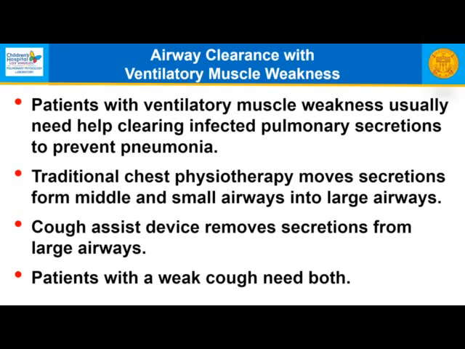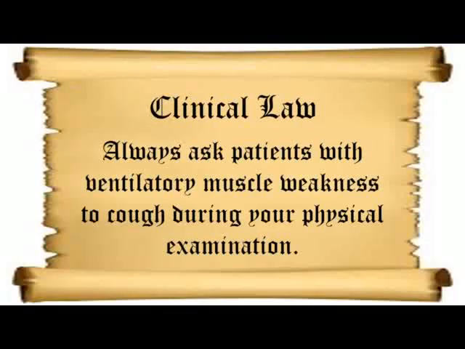The cough assist device removes secretions from large airways, and primarily it's important to note that patients with a weak cough require both of these modalities, not one or the other, both. So again, in clinical lore, always ask patients with ventilatory muscle weakness to cough during your physical examination.